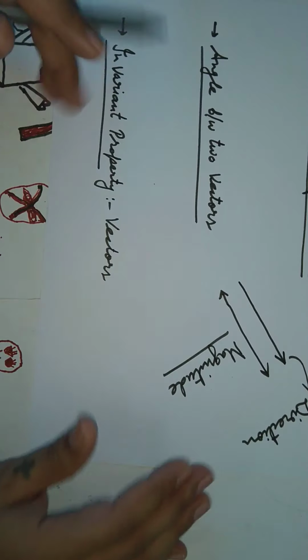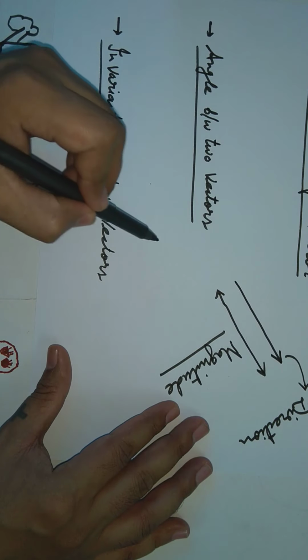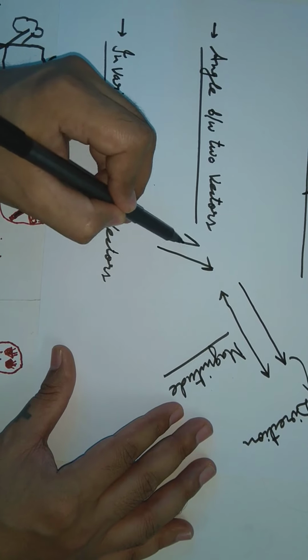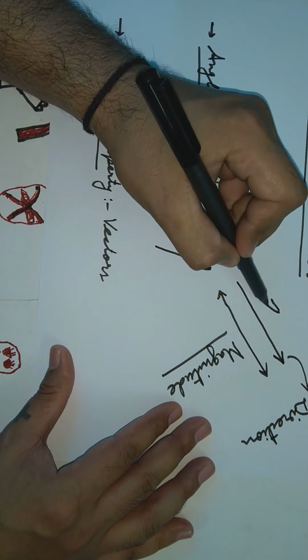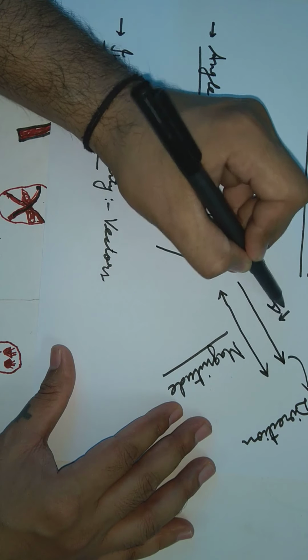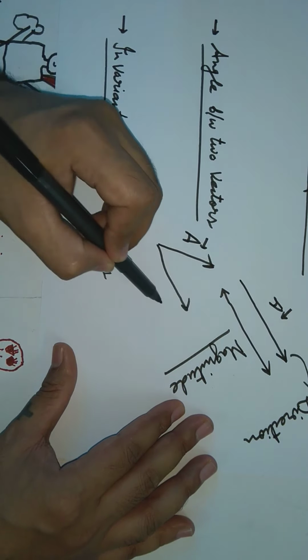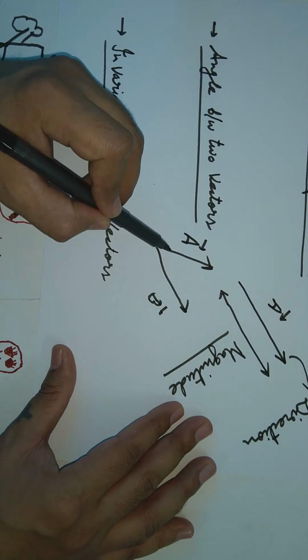Now how do we add two vectors? First, the angle between two vectors. Say this is vector A. We represent a vector by putting a small arrow above it. And say this is vector B. Now there are two possible angles between them.